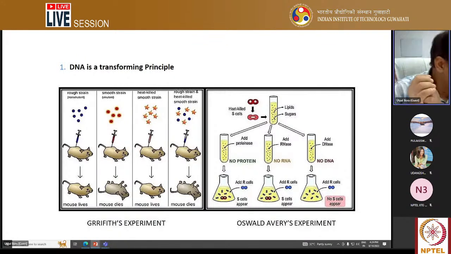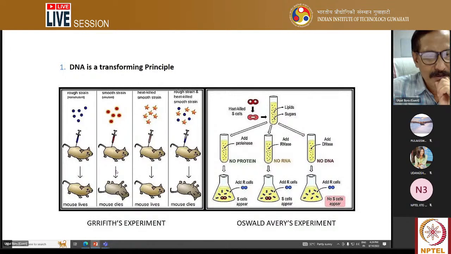The smooth strain is the virulent strain and causes disease and also fatality. If injected, as in the second case, it will lead to death in the mice. So here you can see a rough strain, which is safe and does not kill, and a smooth strain, which is virulent and causes fatality.